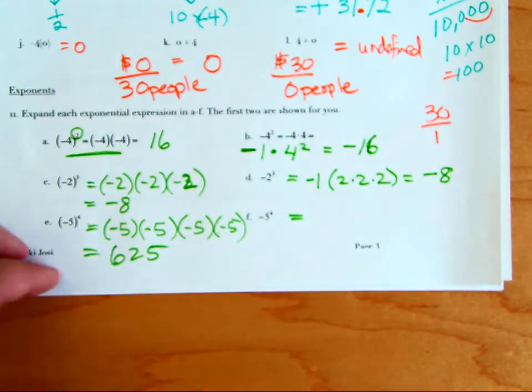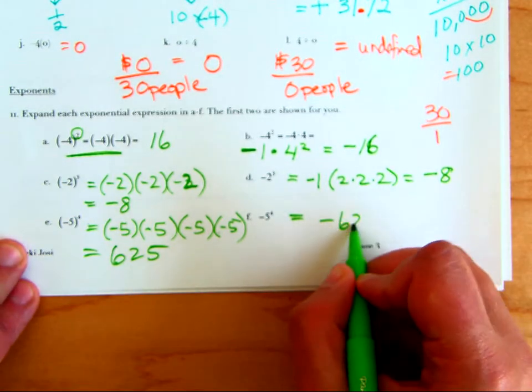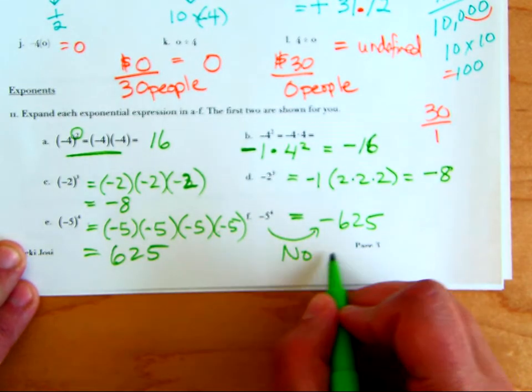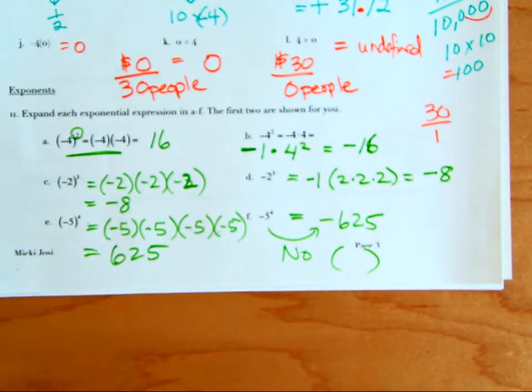Because the negative is not inside parentheses, what will that one be for F? It'll be negative 625 because notice the negative, because there's no parentheses, you carry that negative. So you just have to really ask yourself with the parentheses, is the negative sign included or not?